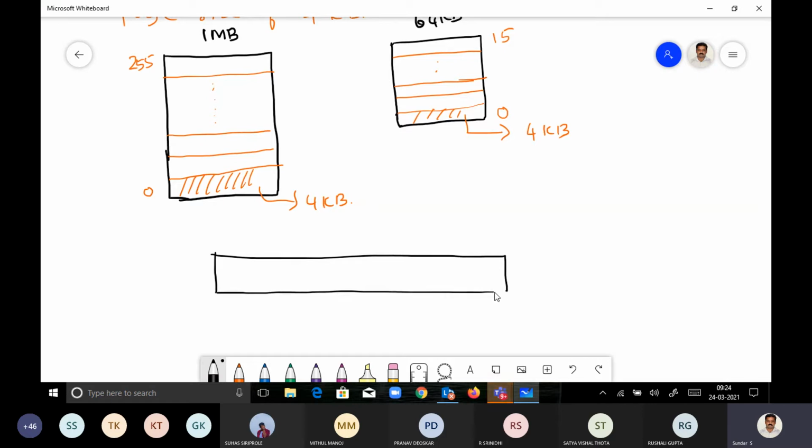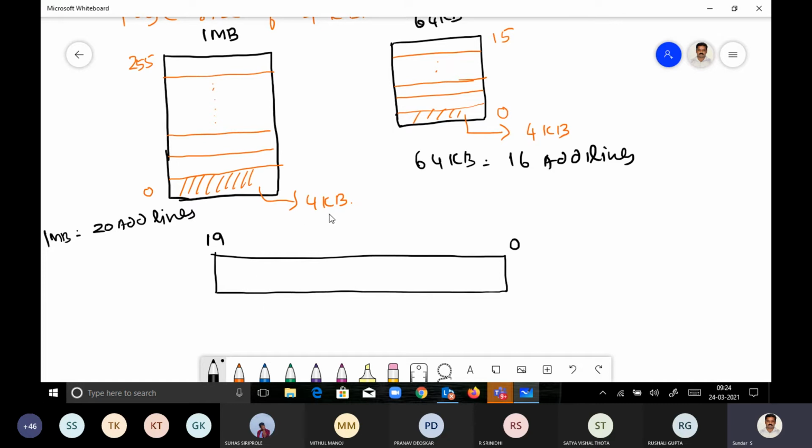This is the address from the CPU. For 1 megabyte, we need 20 address lines, 0 to 19. For 64 KB, we need 16 address lines. So please remember.